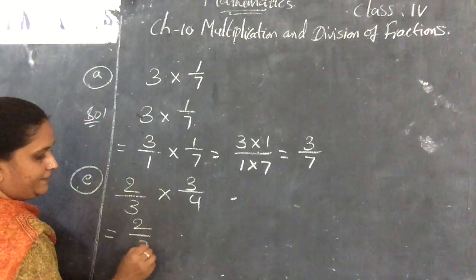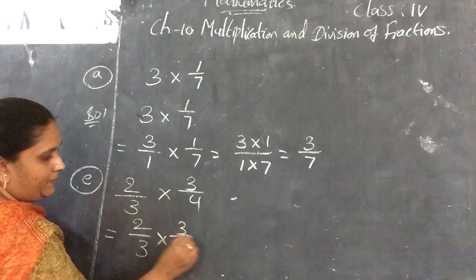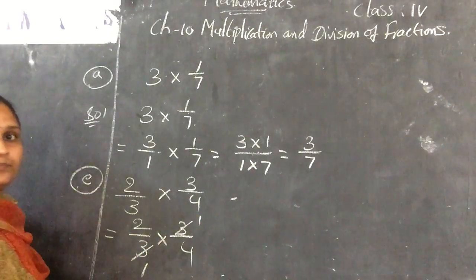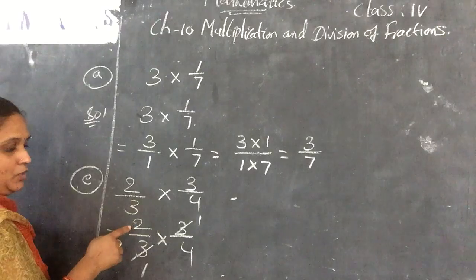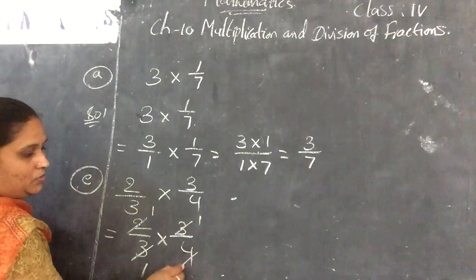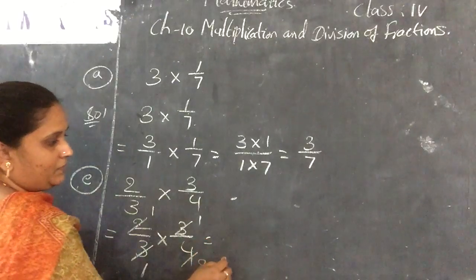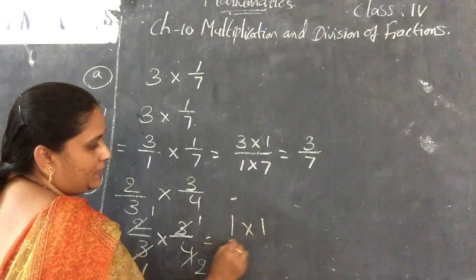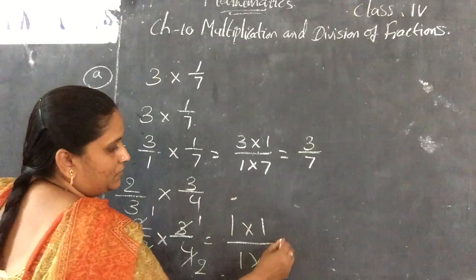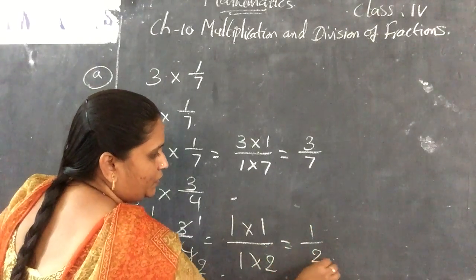So 2 by 3 into 3 by 4. 3 ones are 3, 3 ones are 3. Next, 2 table. 2 ones are 2, 2 twos are 4. What is left over now? 1 into 1 by 1 into 2. And the answer is 1 by 2.